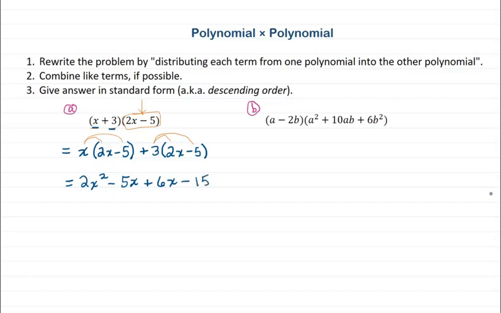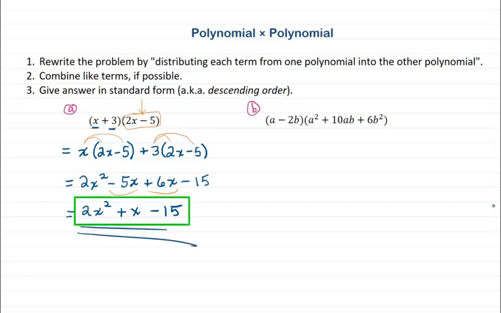Of course, you want to make sure you check to see if you can combine like terms. So let's combine the like terms. 2x squared, and 6 minus 5 is 1, so we'll have positive x, minus 15. And that's our answer for A.